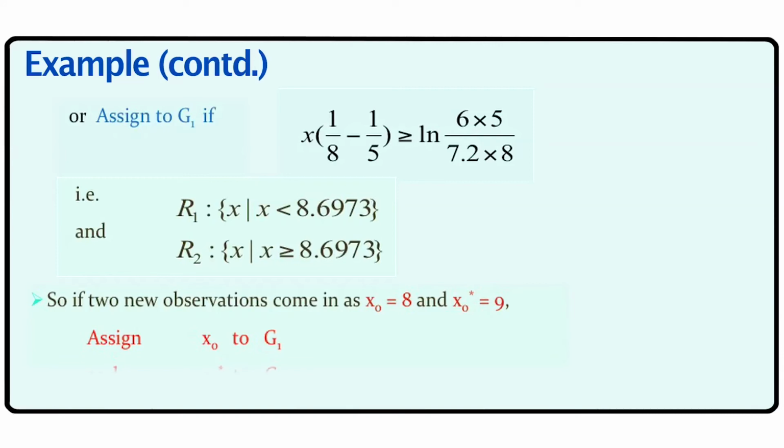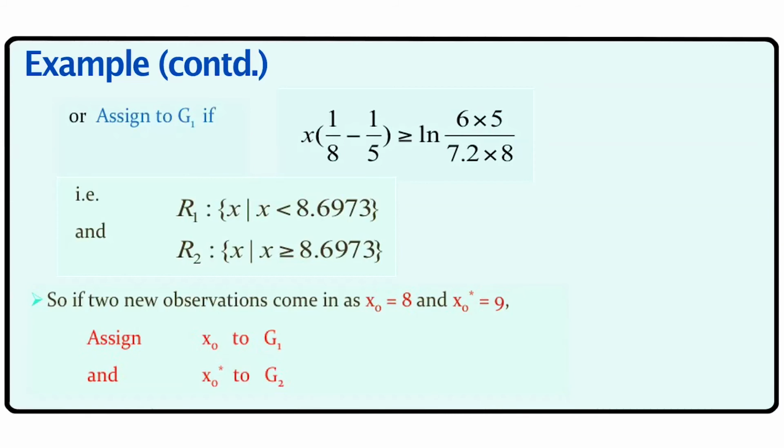As for the second observation, x0 star, this is 9, which falls in the R2 region, being greater than or equal to 8.69, and hence we assign x0 star to G2.